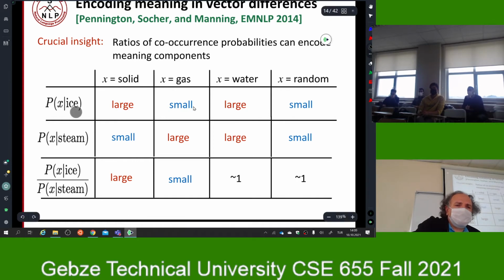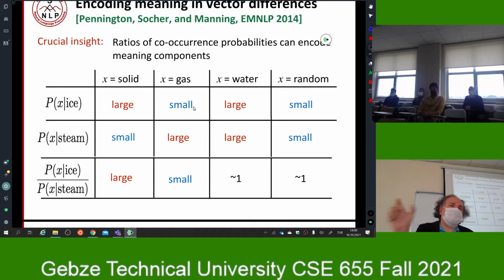Given ice in my neighborhood in a sentence, what is the probability of seeing solid? It is large. So you put x in here. That means if I see ice in a sentence, the probability of seeing the word solid around it is large.